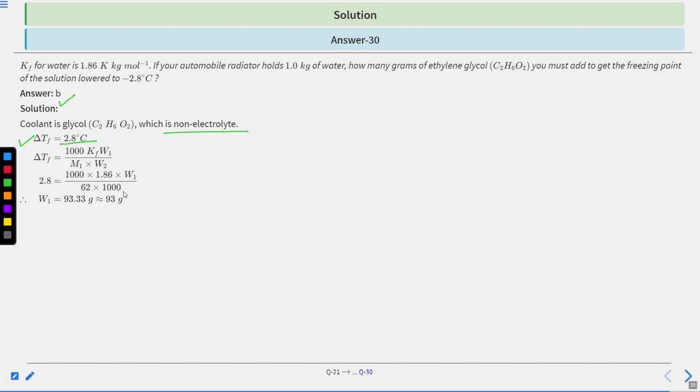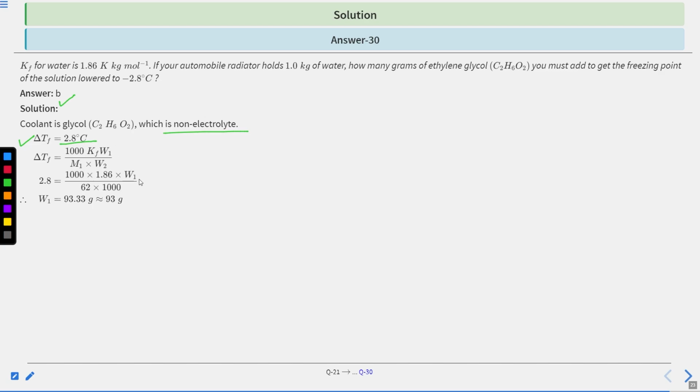We have taken W2 as 1 kg of water, and because we have already converted it to kilograms, 1 kilogram is 1000 gram.